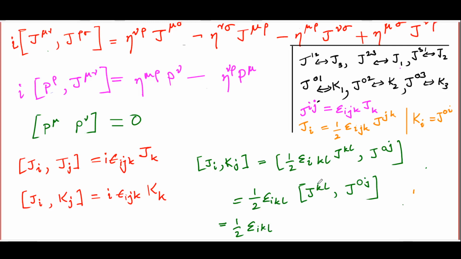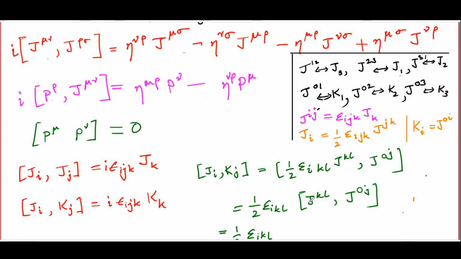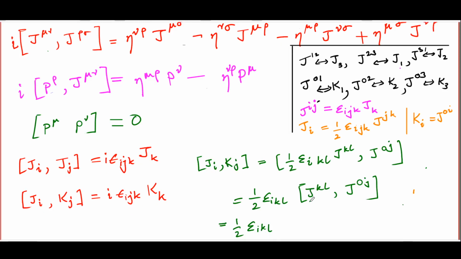One, when I get k with j, that's the first with the last. So eta mu sigma, the last term here, which has j nu rho with it. So that's going to be eta kj with j L0, and the other term will be the one where you get L with j, so that's mu with sigma, this term.